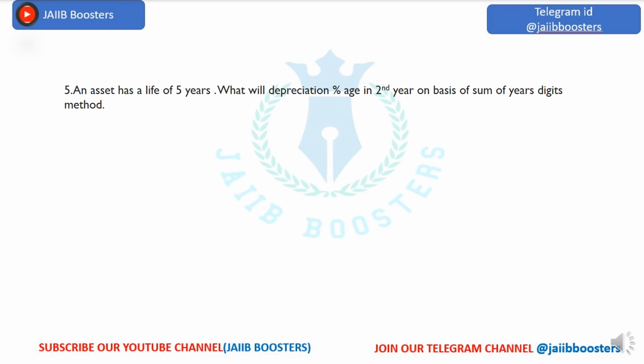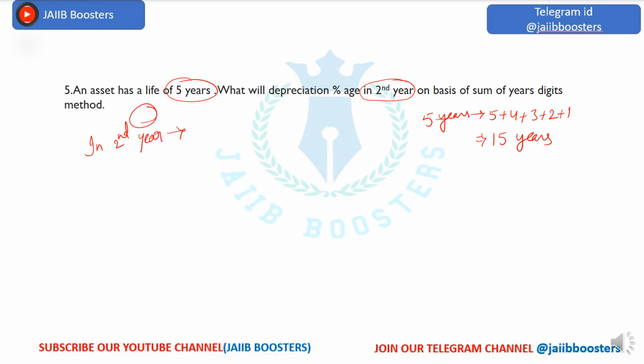Let's see the question. An asset has a life of 5 years and they ask for the depreciation percentage in the second year, on the basis of the sum of years digit method. For 5 years, it will be 5 plus 4 plus 3 plus 2 plus 1, that is 15. In the second year, the first year has finished, so the remaining useful life will be 5 minus 1, 4 years.